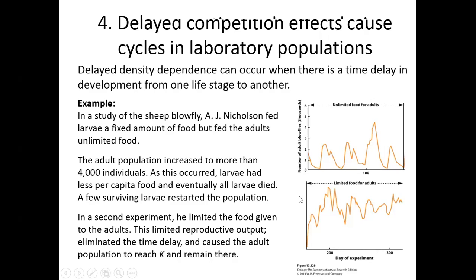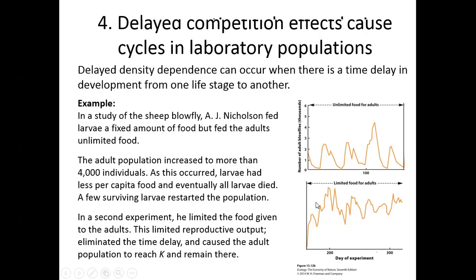That's because you're allowing a lot of organisms to grow to adulthood, but you're not letting them reproduce massively because food for adults is limited. So you may have a lot of adults, but they can only produce a few larvae. So there's much less of an effect. It eliminates the time delay.